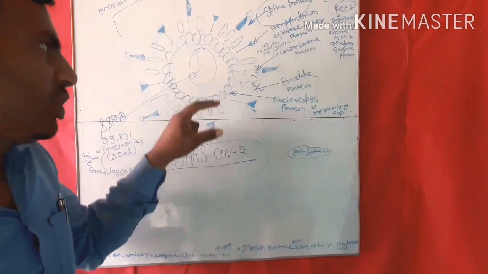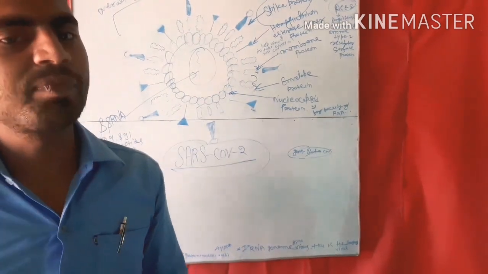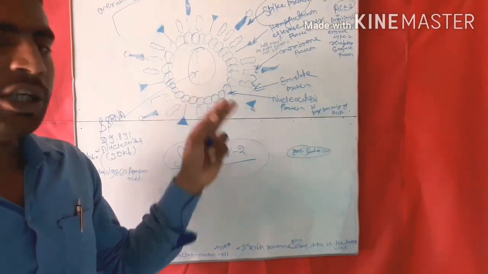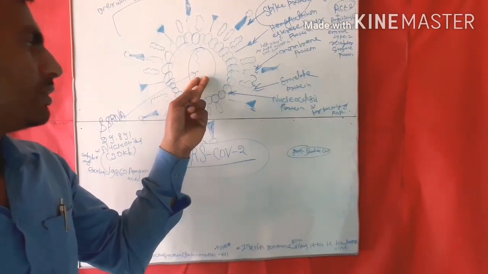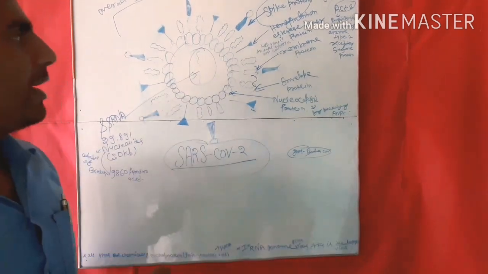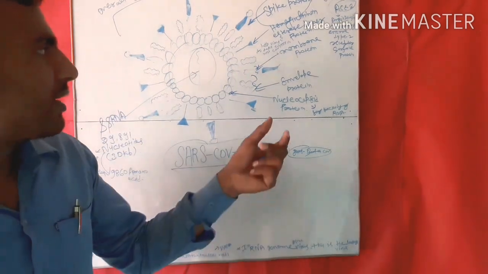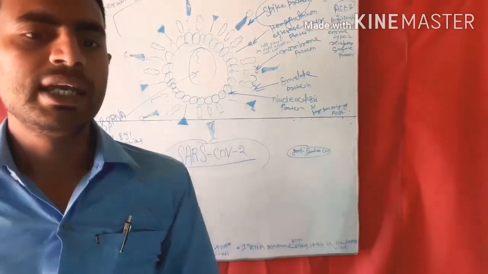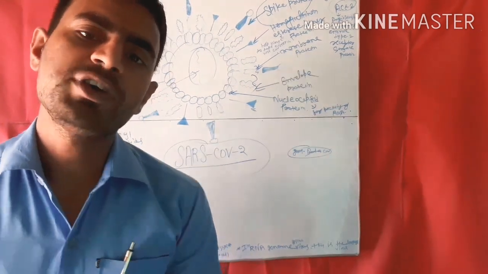The nucleocapsid is responsible for protecting and packing the RNA, and the hemagglutinin esterase dimer protein helps the spike protein to bind to the ACE type 2 surface protein of host cells.